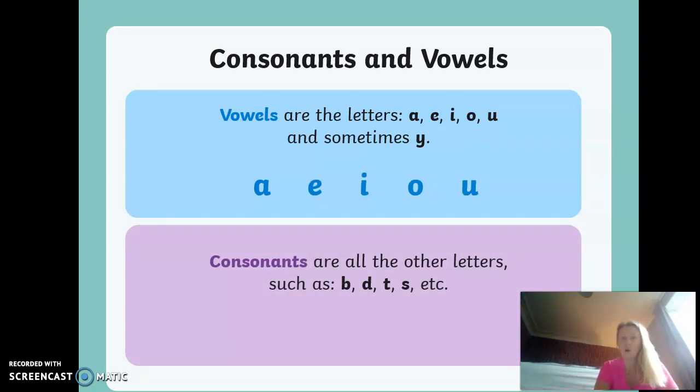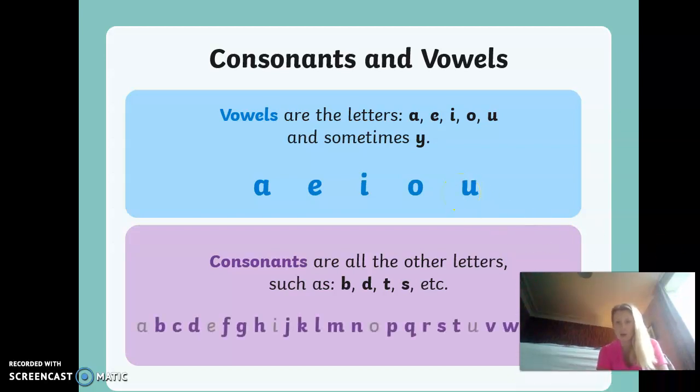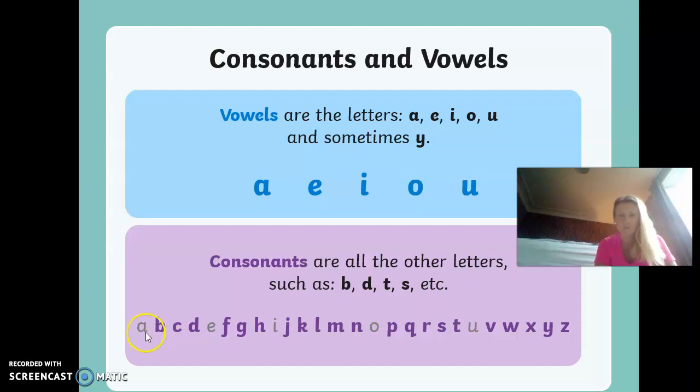Consonants are all of the other letters. So if you have a look down here, all the other letters in the alphabet are consonants.